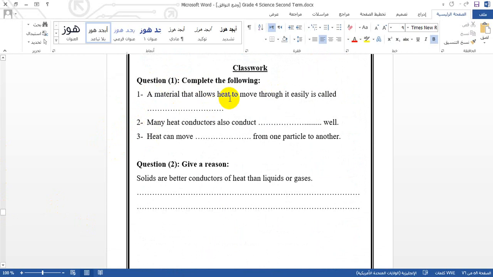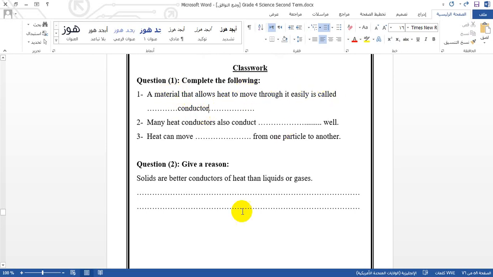A material that allows heat to move through it easily is called what exactly, guys? Conductor, okay, guys. So a conductor is a material that allows heat to move through it easily.